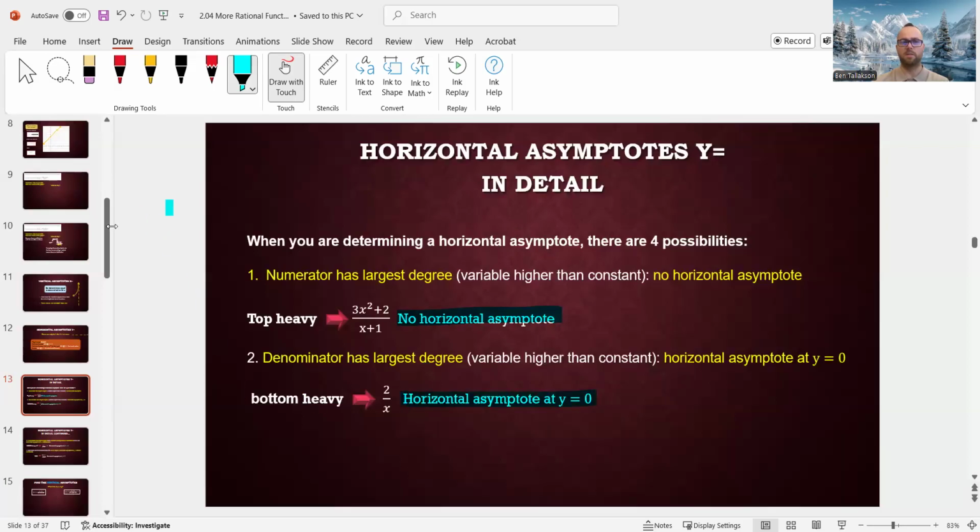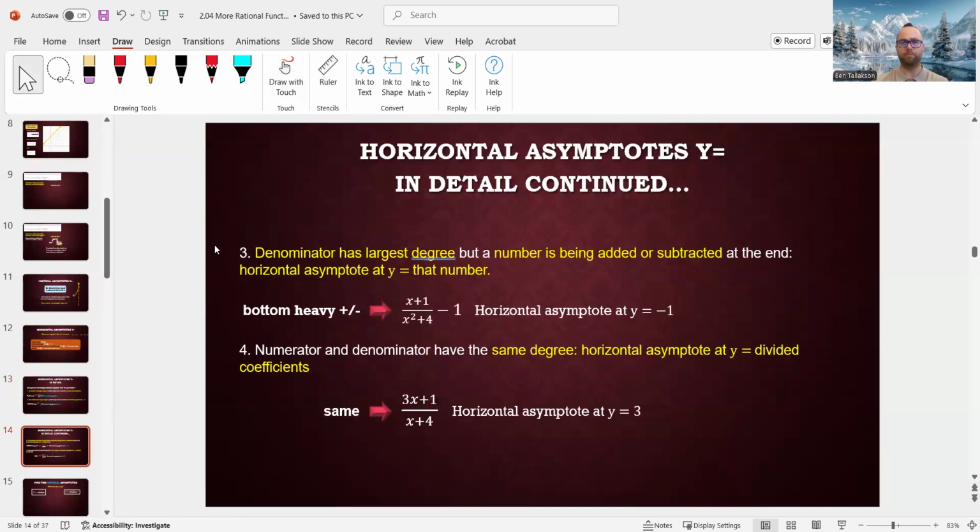Okay? But there's two more options, right? If the denominator has the largest degree, which this does, you might think that's bottom heavy, and yes, it is. Okay, but we have this -1 being subtracted on the end.